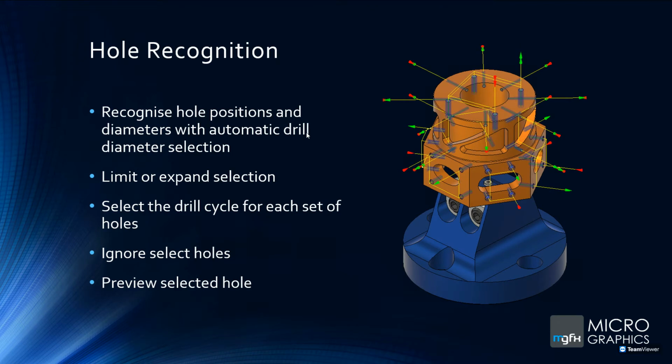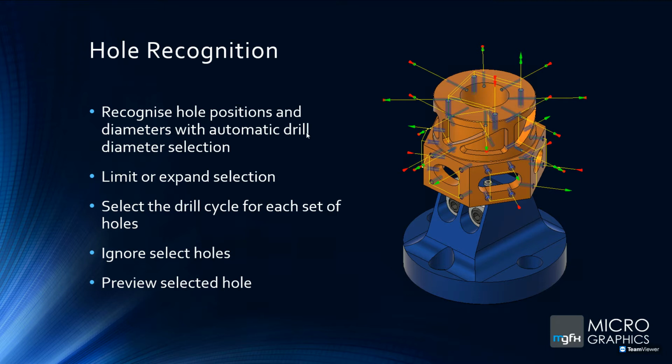Okay, the next strategy is hole recognition. Now, with hole recognition, it is used to automatically find holes in your part and select the appropriate drill or cutting tool for each hole. So when you first activate the command, it's initially set to limit the selection to holes that match your Z-axis or your setup work plane.